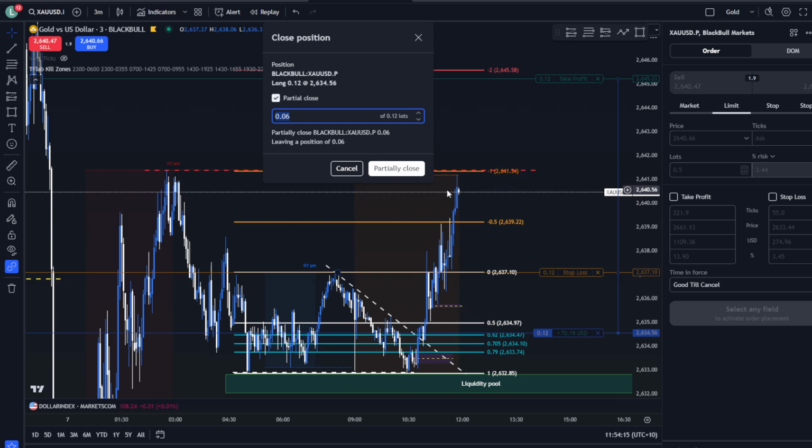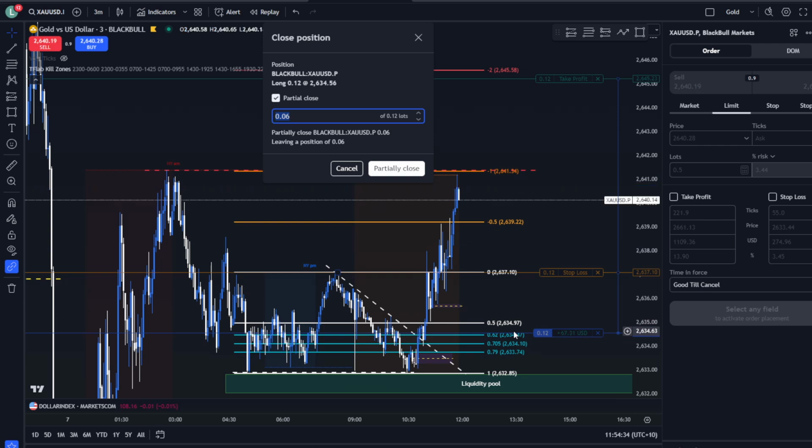We're approaching that, so we might respect the level, or we might liquidity grab it and head straight back down. But if we liquidity grab this level, I'll have taken half off and moved my stop loss up. I'm okay for it to come down and hit my stop loss.